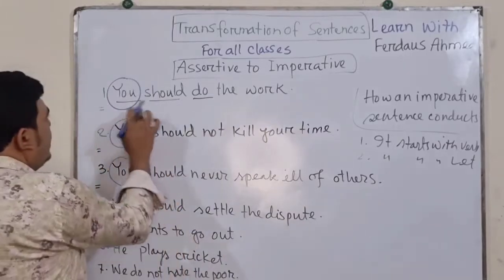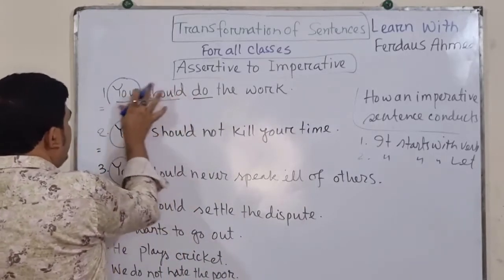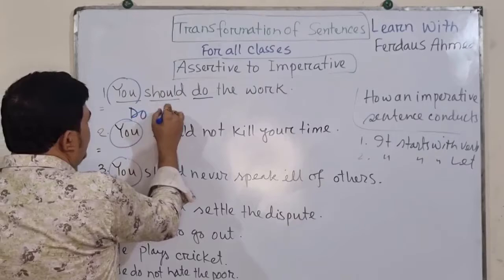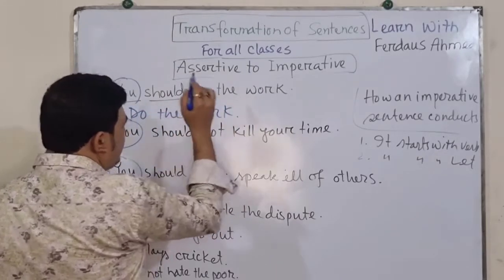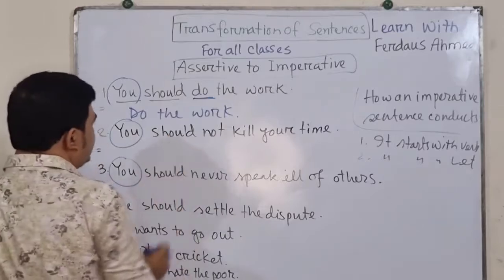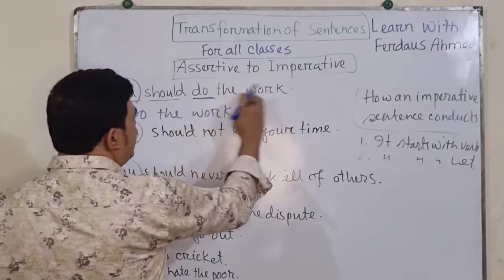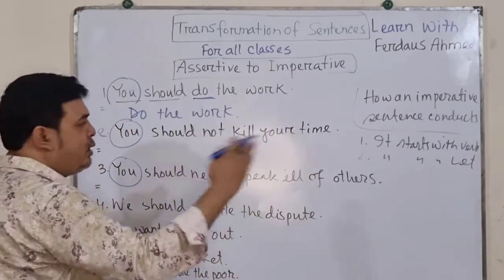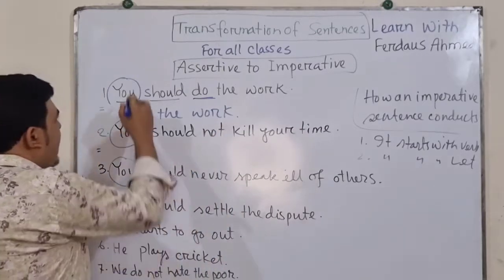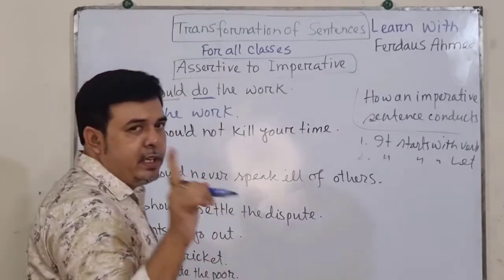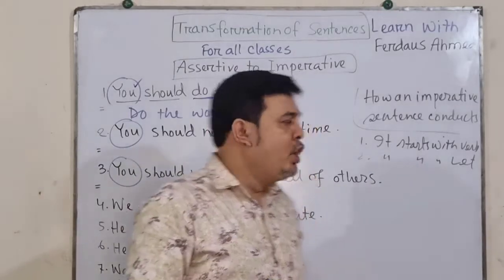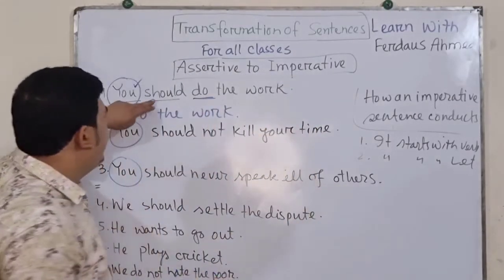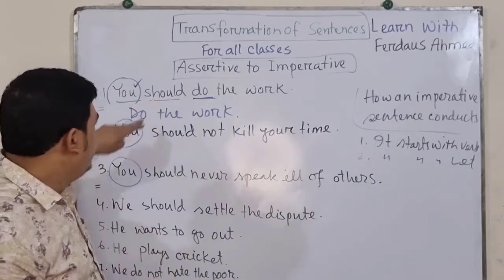How? So, you should do the work. That will simply become: Do the work. Why? We have to start from the present form of the verb, and then the rest of the sentence. As we can't use any subject, we shouldn't give any modal auxiliary either.